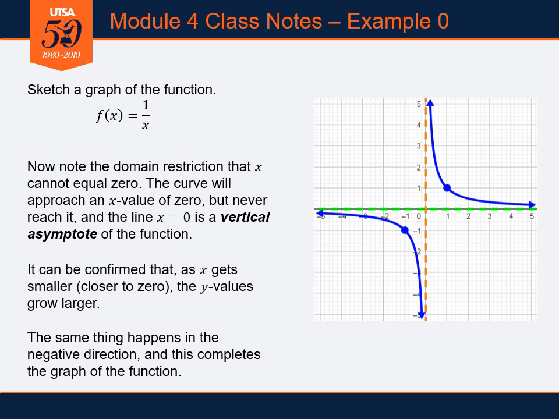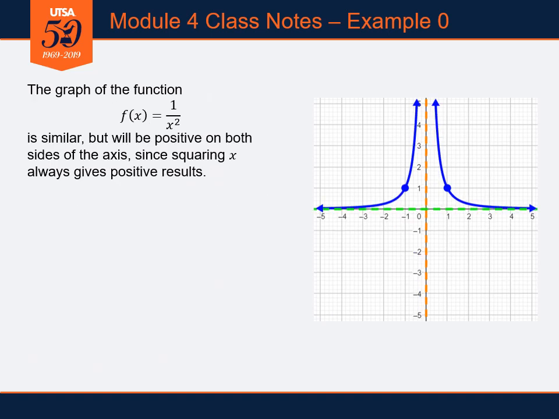One last thing. Another good simple example to be familiar with is 1/x squared, which is basically the same picture, except with hopefully an obvious difference here. Both of the curves of this graph are above the axis.